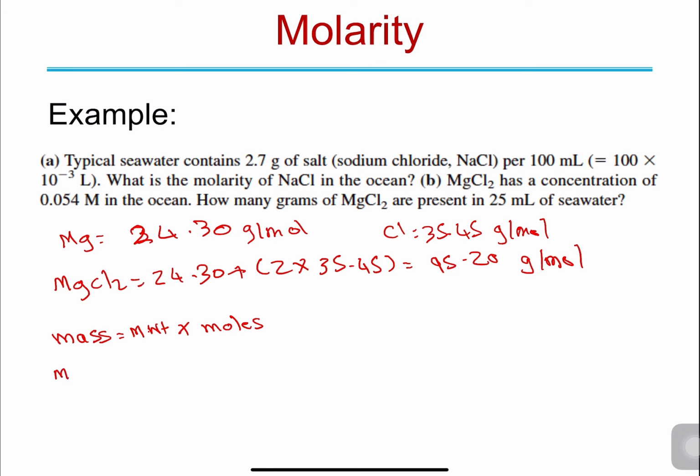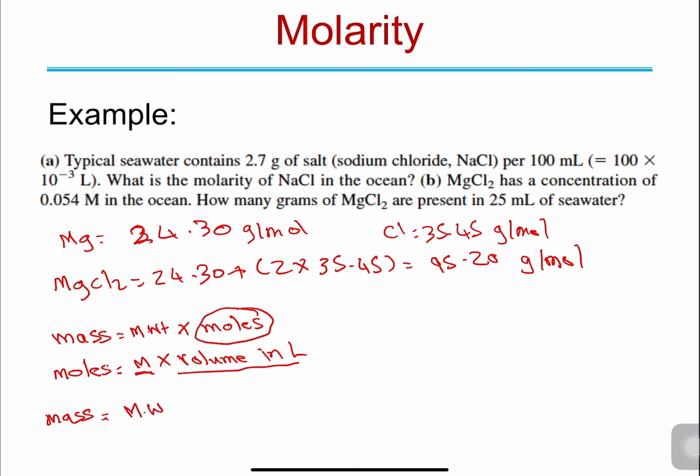And we know that molarity equals moles over volume, so moles will equal the molarity times the volume in liters. If we replace the moles here with molarity times the volume in liters, we end up with the mass we are looking for equaling the molecular mass times molarity times volume in liters.